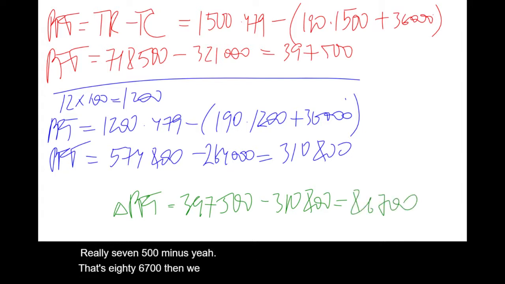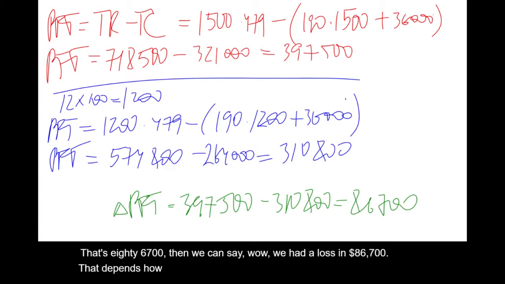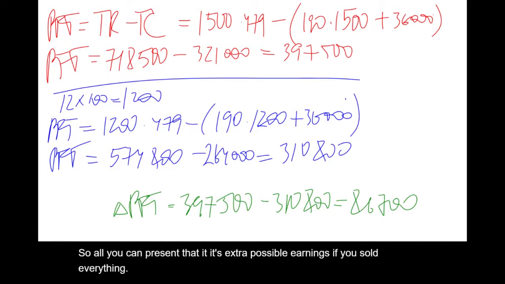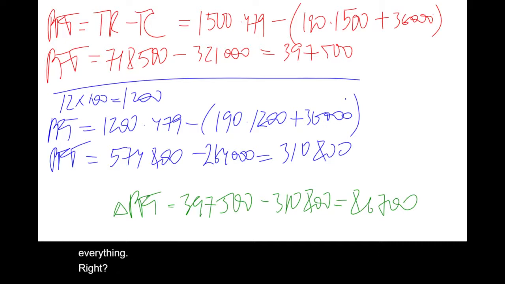Then we can say, wow, we had a loss of $86,700. Well, that depends how you present this data. Or you can present that it's extra possible earnings if you sold everything, right? That's the impact. Okay, next.